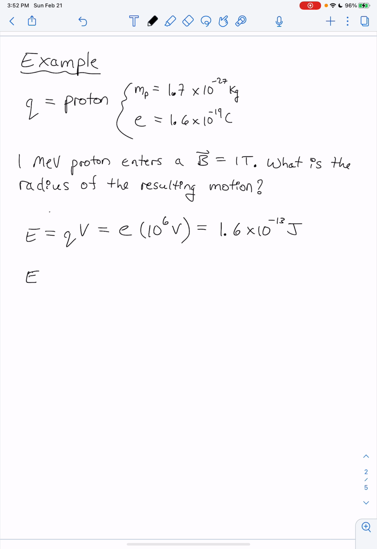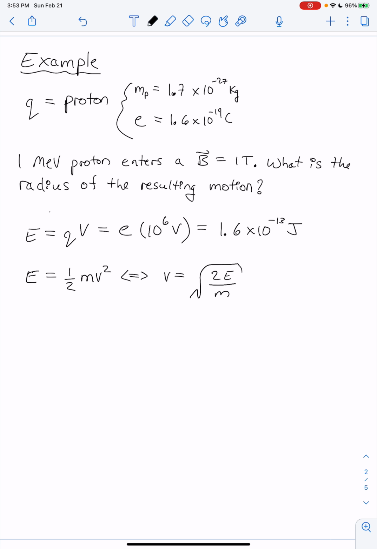Now the amount of energy is also going to be 1/2 mv squared. And we can isolate the velocity, which is what we want. And the velocity is going to be equal to the square root of 2E over m.